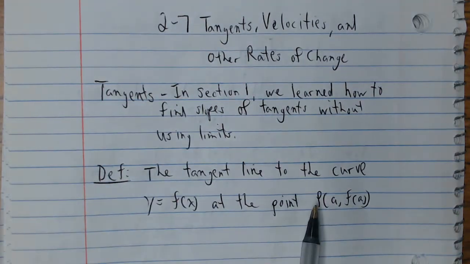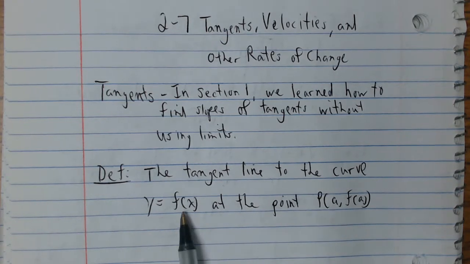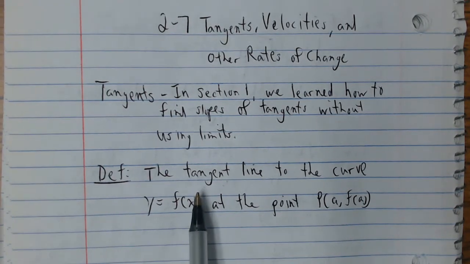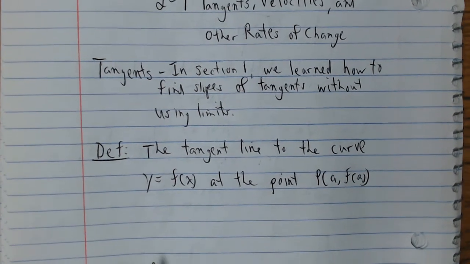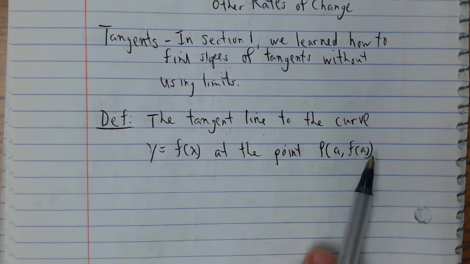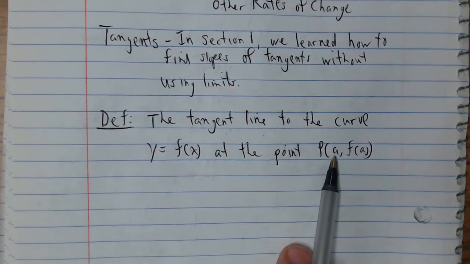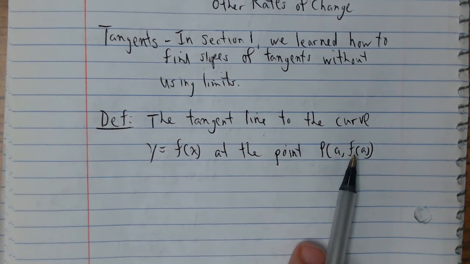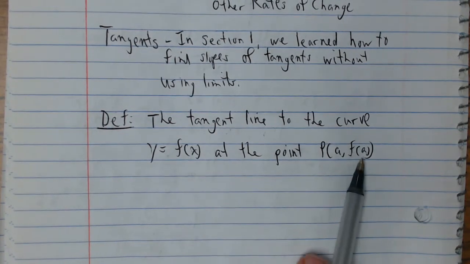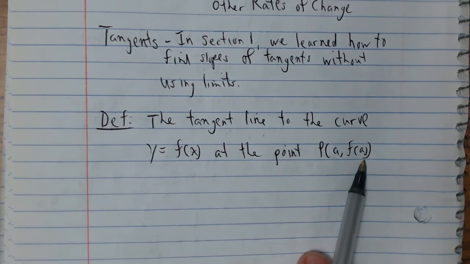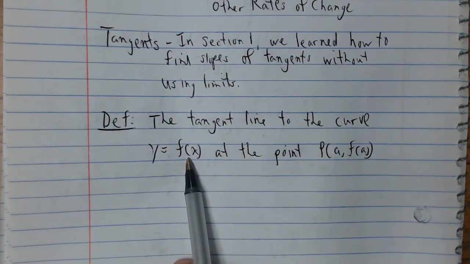Notice that the line we're talking about has to be tangent to a curve, and if it's tangent to a curve, that means the tangent line and the curve share a point. The point that they share is a comma f of a, which means the x value of the function will be the same x value as the tangent line. How do I find the y value of this line which is shared with that function? I just plug a into this function. So this point is practically the point of tangency that we're dealing with. This line goes through the point, and that point is also on this function.